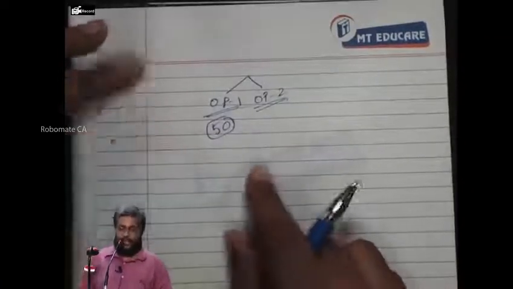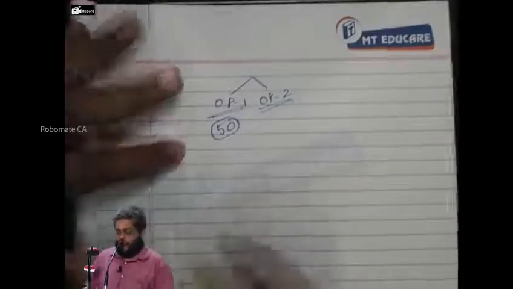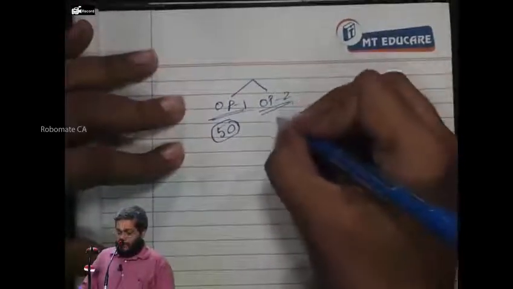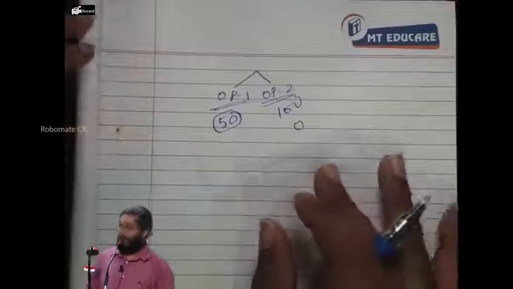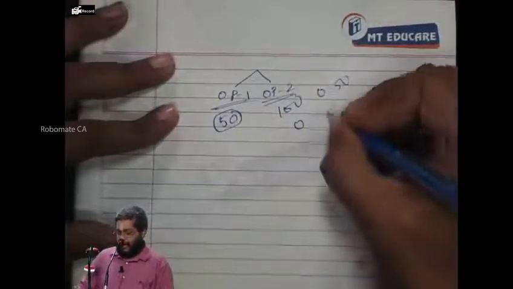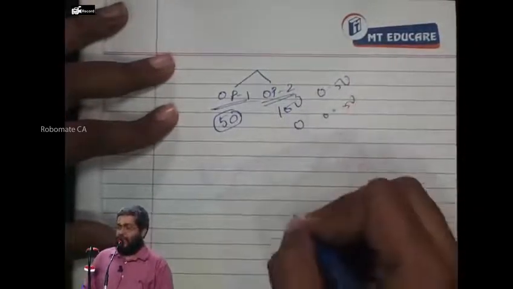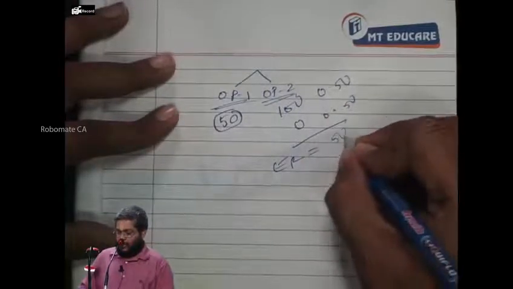If you go for option 1, you will be getting a 100% sure return of 50. Option 2 may give 100 or may give 0. There's a 50% chance of getting 100 and a 50% chance of getting nothing. That means for option 2, the expected return is 50.